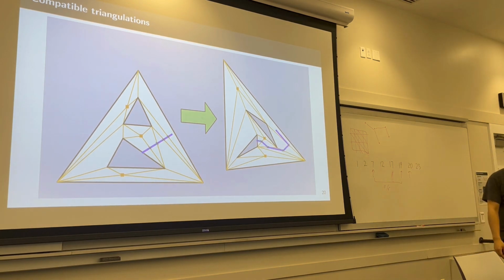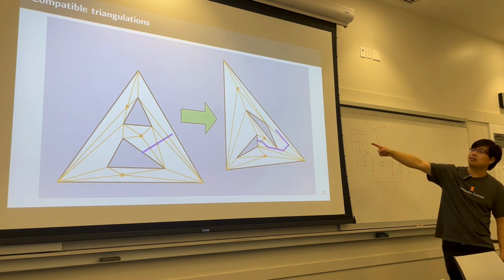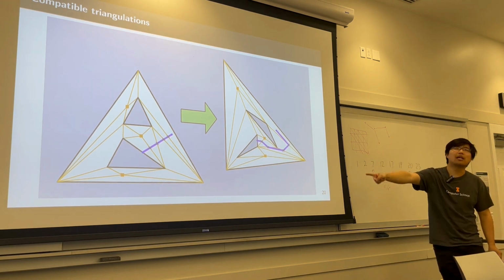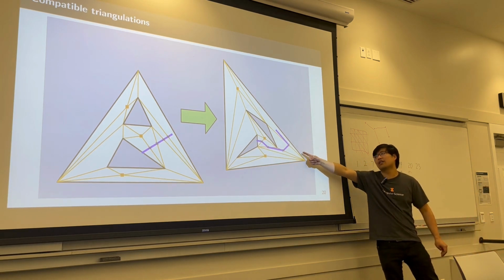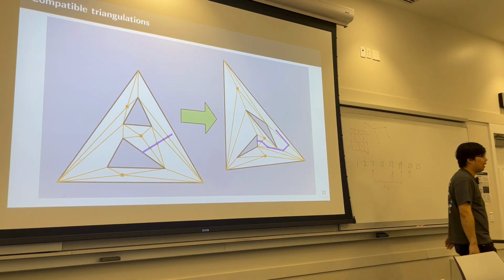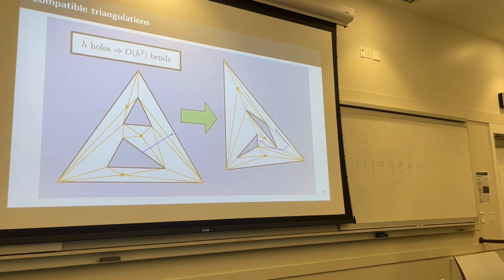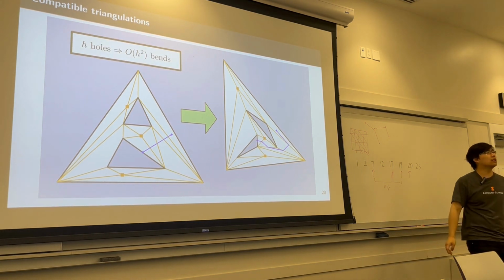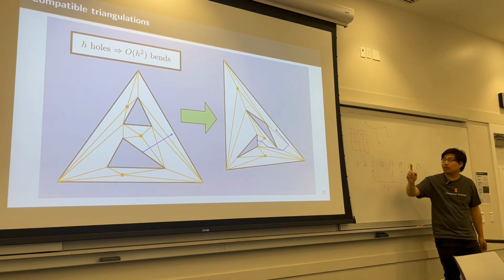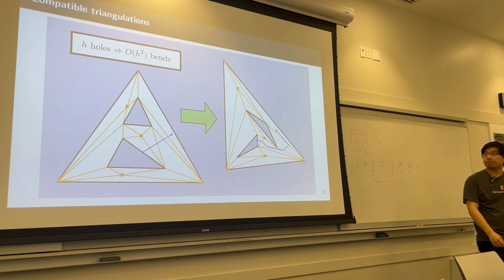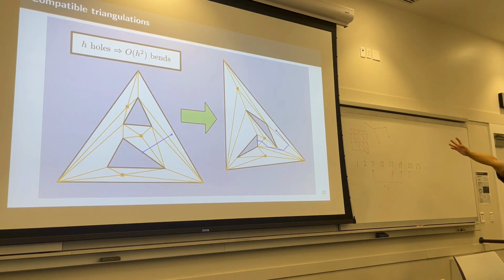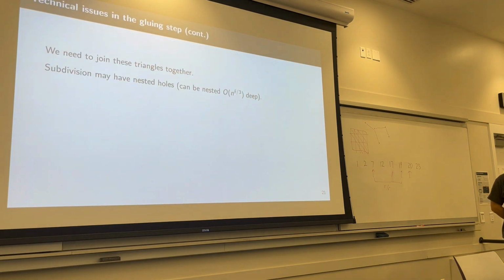And then in this way, you'll construct an edge that's a straight line on the left, and on the right, it's a straight line with bends. And the number of bends is going to be proportional to the number of holes, quadratic in the number of holes. But that's okay, right? The number of holes is always constant in our construction. So the number of bends we add will also be constant.